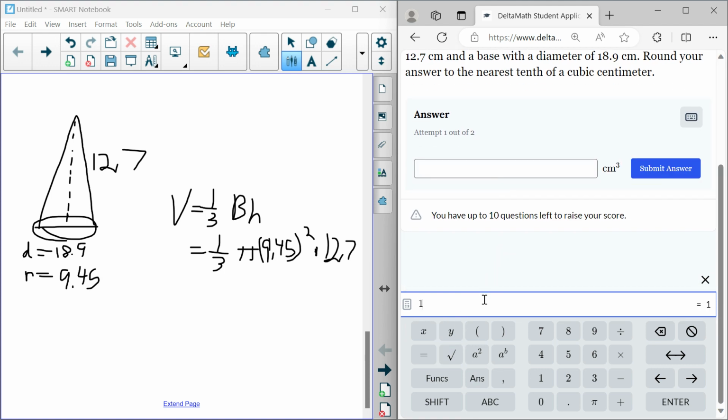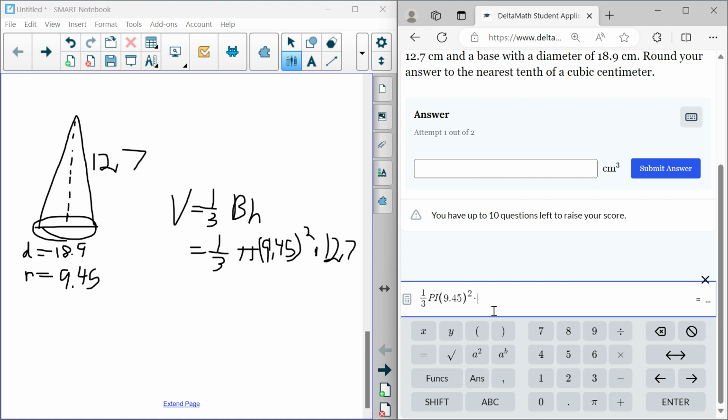I can type in 1/3. I can type in pi. It's going to automatically multiply it. Parentheses, 9.45. I'm holding shift and hitting 6 to get a power. I'm typing in the power. But if you're not sure about that, you can always hit the square button here, or you could hit the a to the power b button and type in 2.